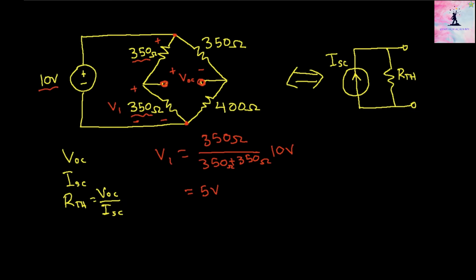The same thing goes for this other branch. Between here and here, the 350 ohm resistor and the 400 ohm resistor are in series.